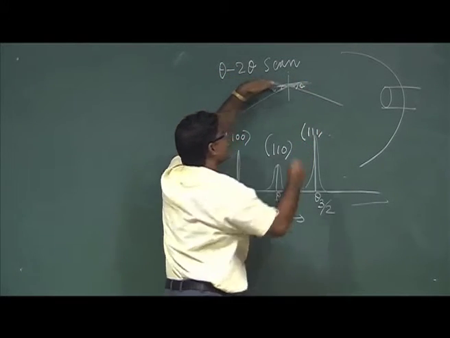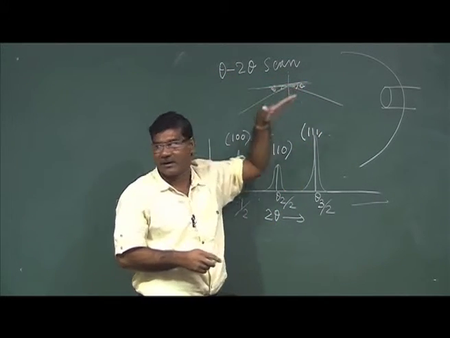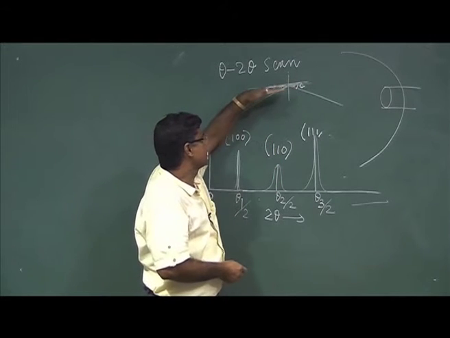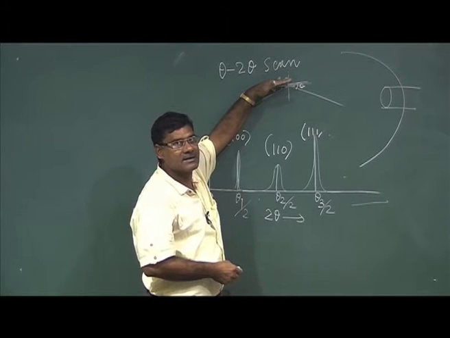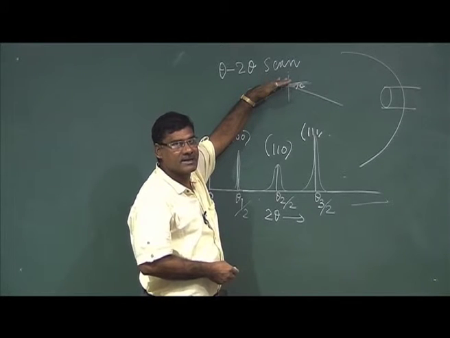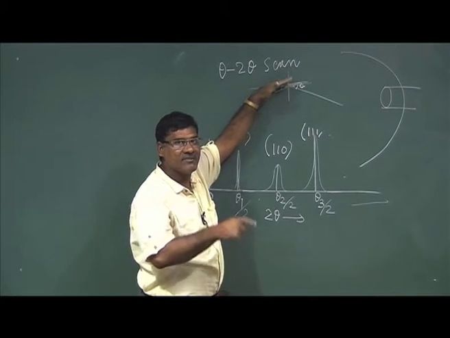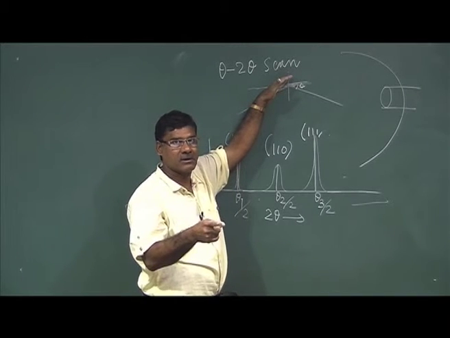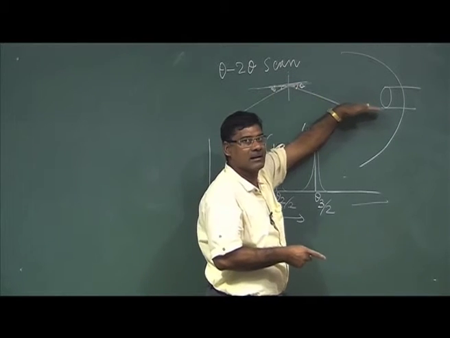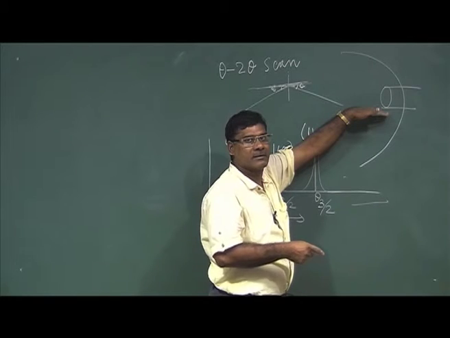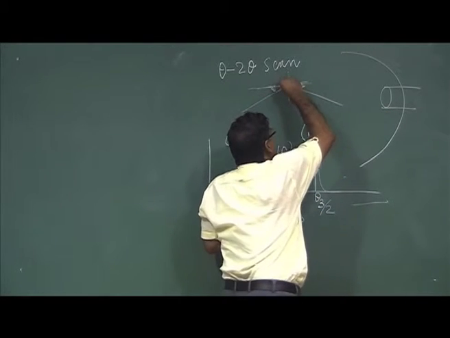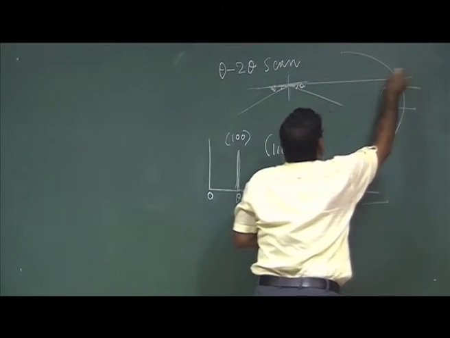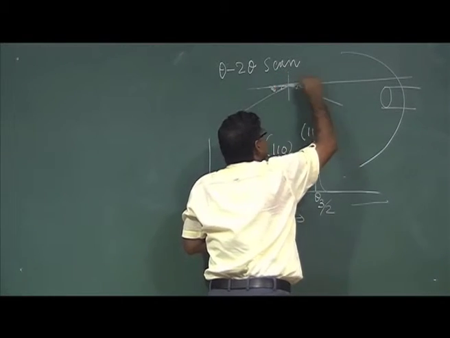Now we are changing the angle by theta. Then if any reflection is there, the reflected beam will change with respect to the incident one, which was initially at 0 angle.